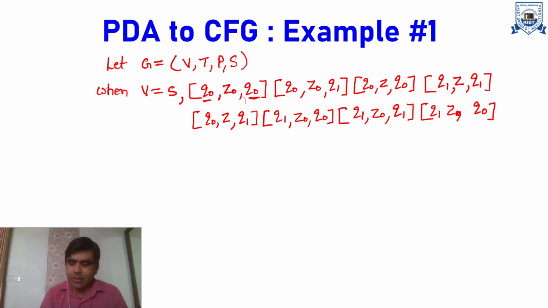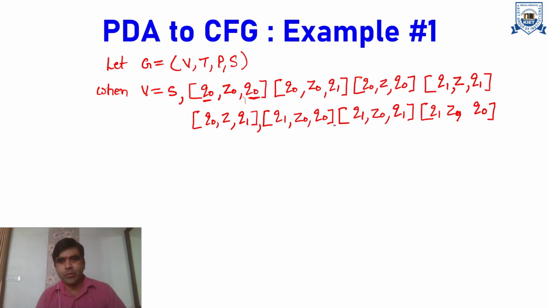In our example, our stack alphabet contains only two symbols, Z and Z naught. So we have three different symbols, 2 states and 2 stack symbols, and we can achieve 8 combinations: 1, 2, 3, 4, 5, 6, 7, 8. So these are the 8 variables.